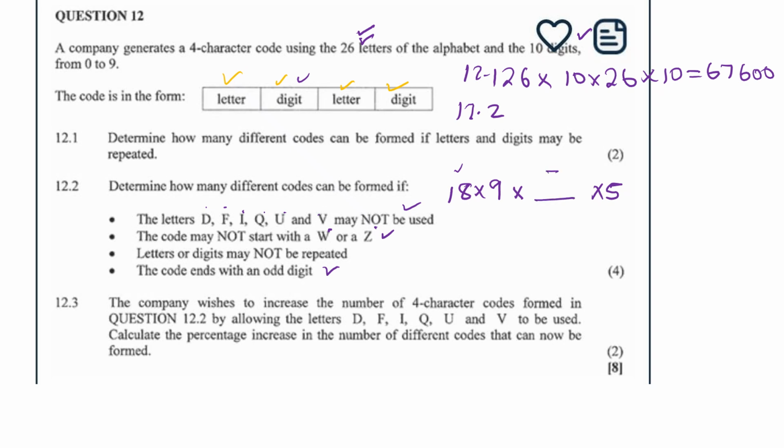Out of these we said we must not start with W or Z. We have to minus those which they said are not to be used. We said we would be left with 20 letters. Therefore we minus the W and Z. Therefore we're gonna have 18 letters.